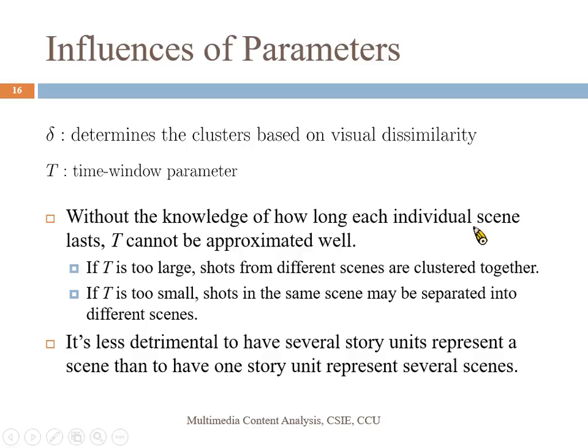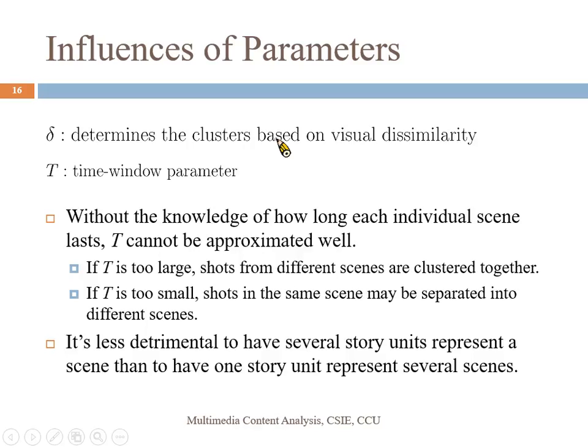We now discuss the inference of parameters. In the process mentioned above, we have 2 parameters. The first one is delta. Delta determines the clustering based on visual distance. So this is used to determine whether the clustering process should be stopped or not.